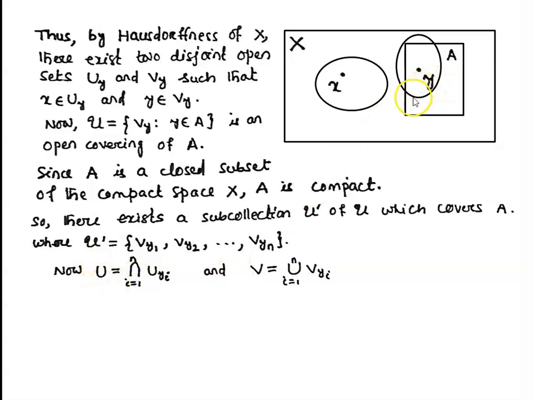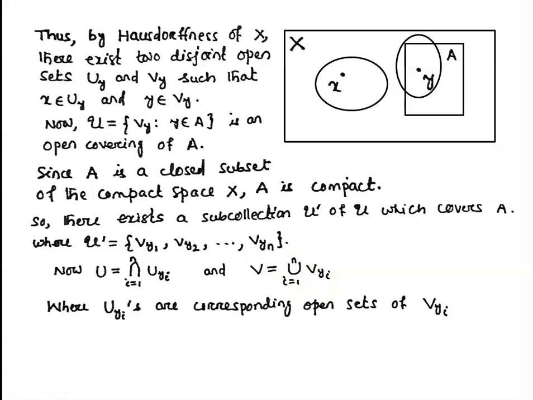And here we have a finite number of open sets By1, By2, By3, Byn. Since those finite open sets cover A, take their union. Then their union contains the subset A. Let us denote B equal to the union over i from 1 to n of Byi.